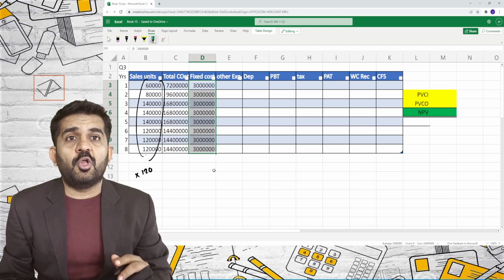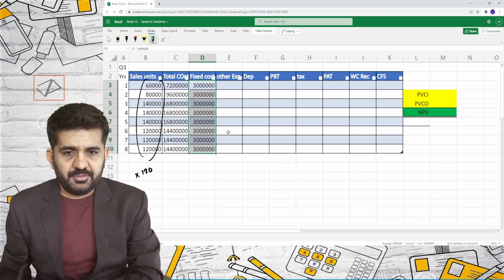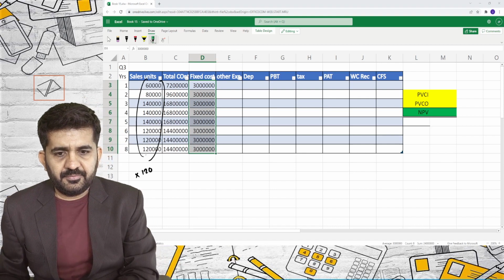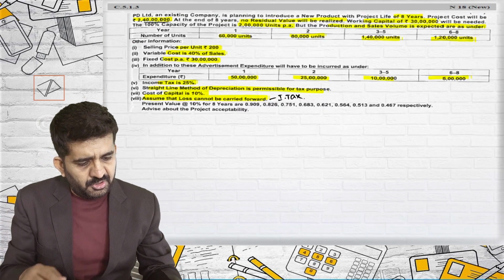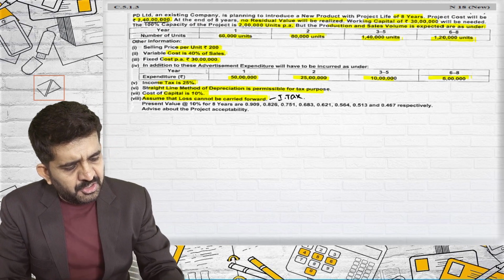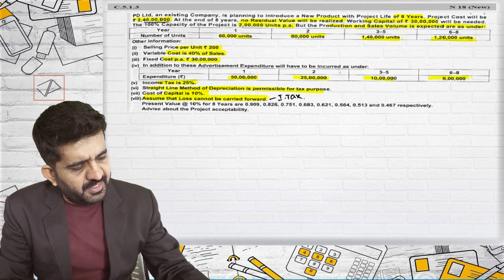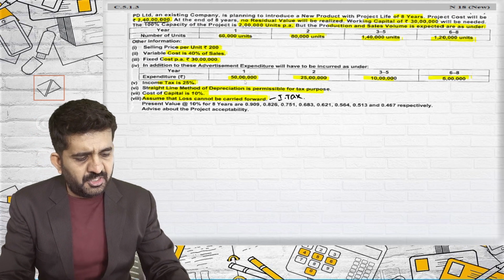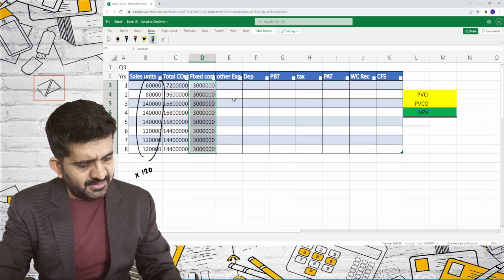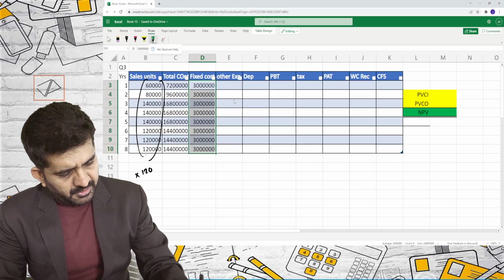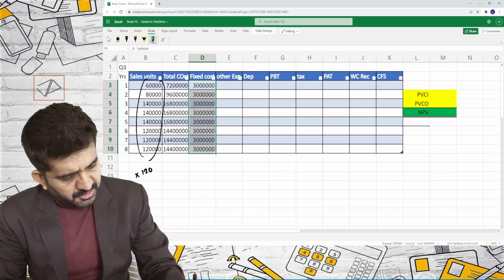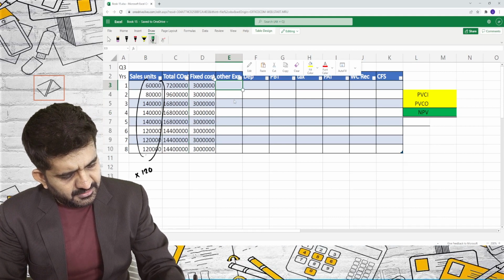There is also a column for other expenditure. In addition to this, advertisement expenditure will have to be incurred. First year other expenditure is 50 lakhs.